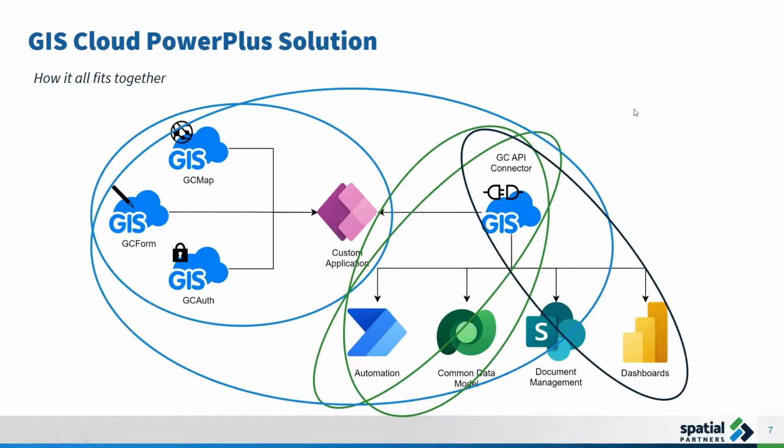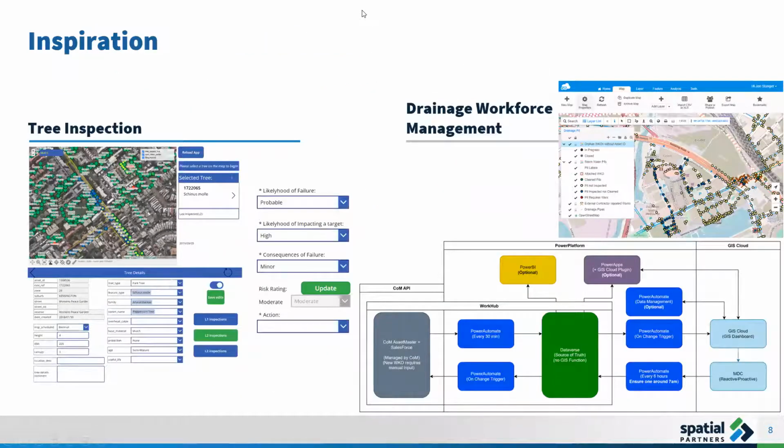And so here are a couple of quick inspirations in terms of what two of our clients have wanted to do with this. One was building a tree inspection app. In this case, it was about doing nested records and being able to get soft foreign keys.